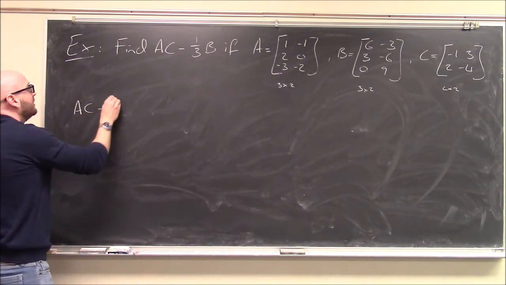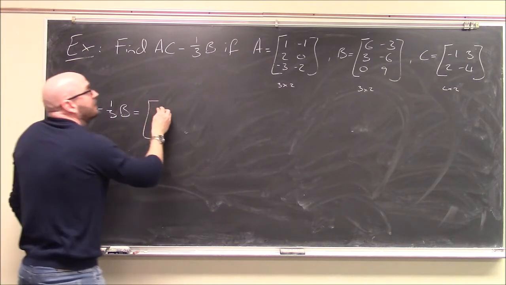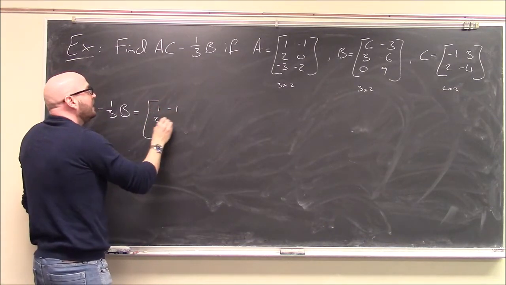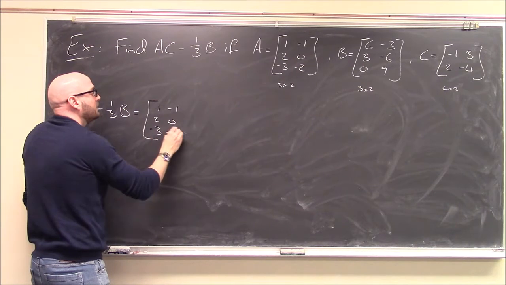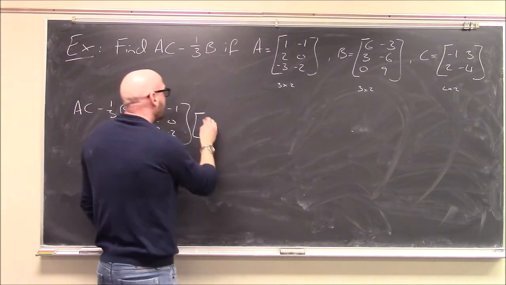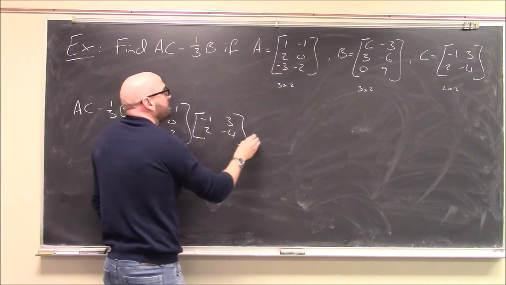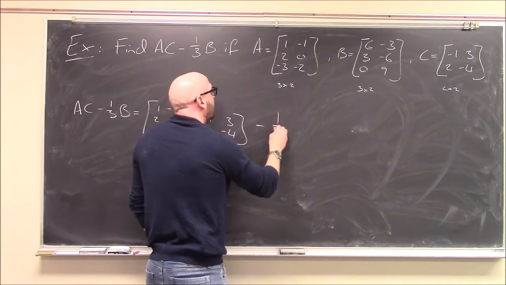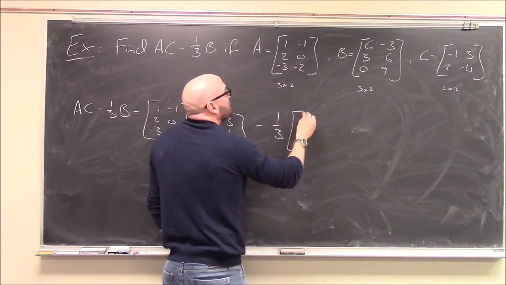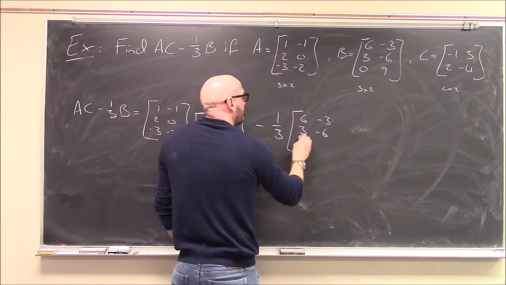Now that we know that this will be defined, A times C is going to be 1, minus 1, 2, 0, minus 3, minus 2, times this 2 by 2 matrix, minus 1, 3, 2, minus 4, and then minus 1/3 times B, so 1/3 times 6, minus 3, 3, minus 6, 0, 9.